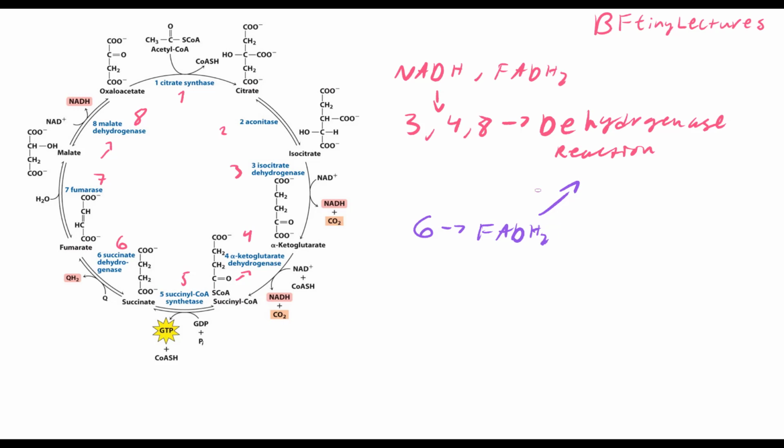Well, notice that whenever a dehydrogenase reaction occurs, a redox reaction happens, and whenever a redox reaction happens, the creation of electron carriers also happens. So whenever you see a dehydrogenase reaction occurring, you can say a redox reaction occurred, and we made electron carriers.